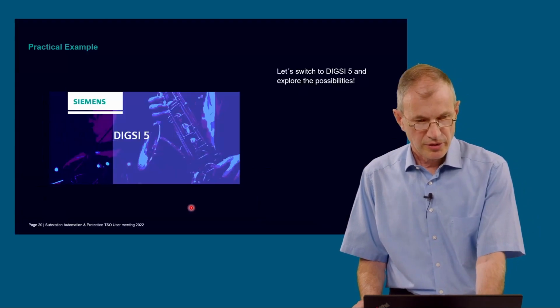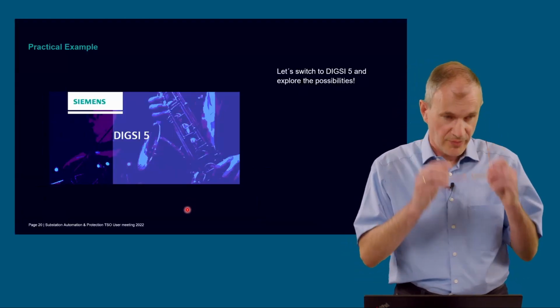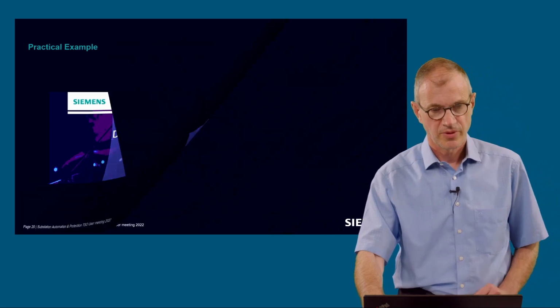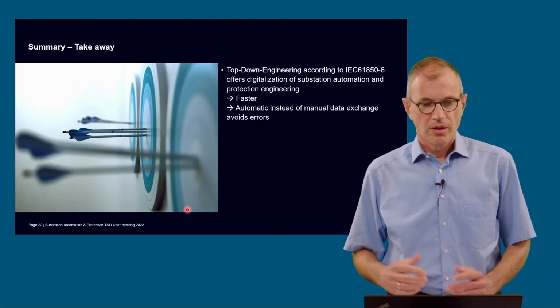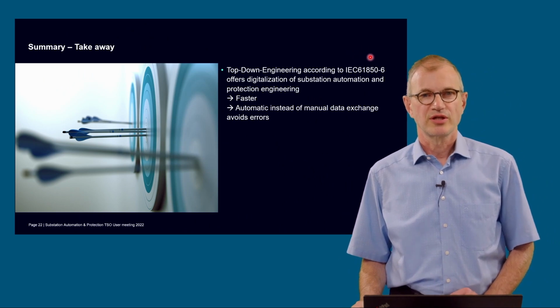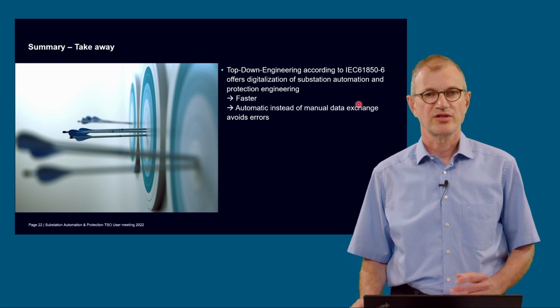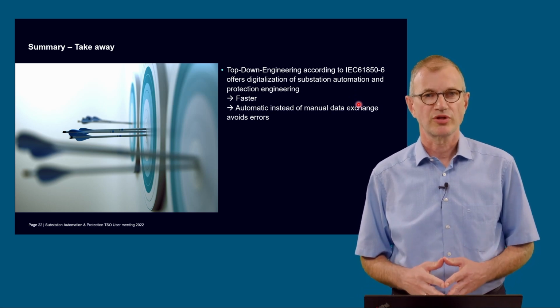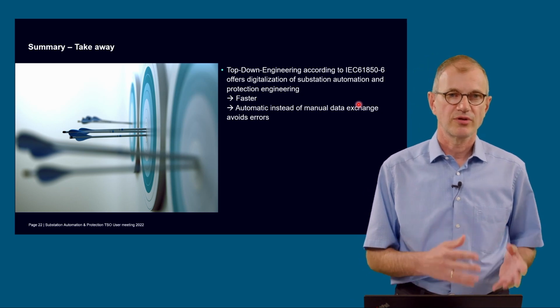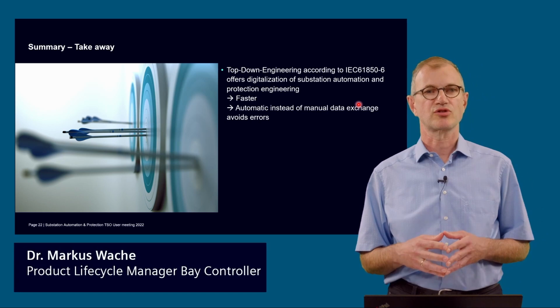Let's return to the slide set and come to the summary. So this top-down engineering, according to 61850-6, offers digitalization of substation automation and protection engineering. It's faster and it's automatic instead of having manual data exchange.